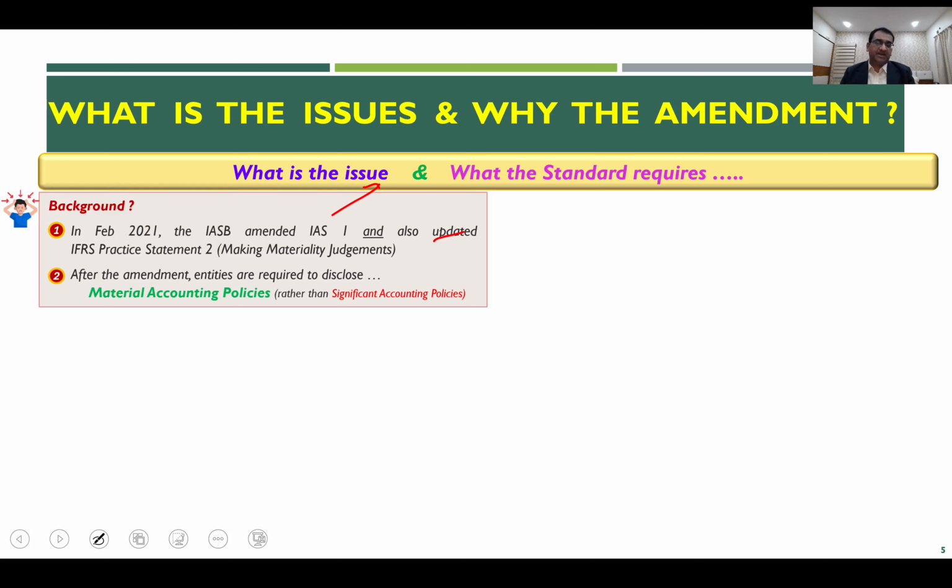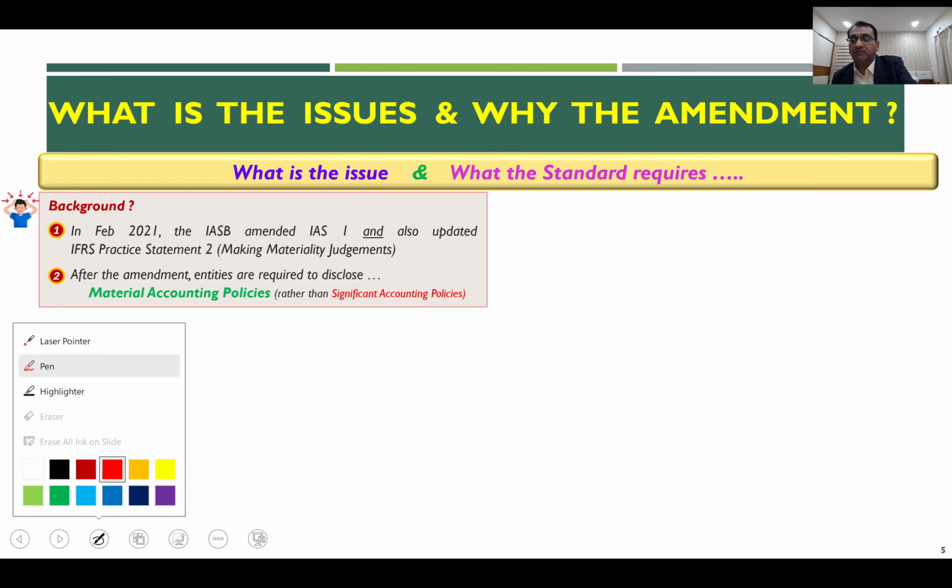Because of these amendments, entities are now required to disclose what are called material accounting policies in lieu of significant accounting policies. So, effectively, an entity henceforth will not be required to disclose significant accounting policies. Rather, they will be required to disclose material accounting policies.